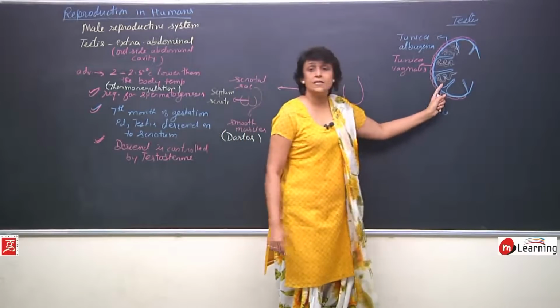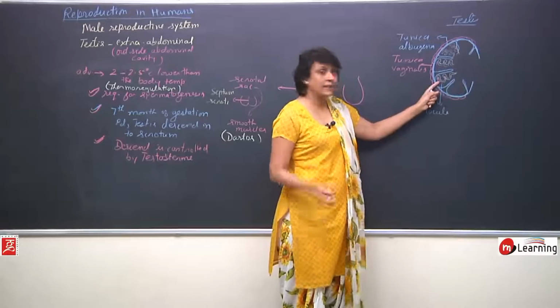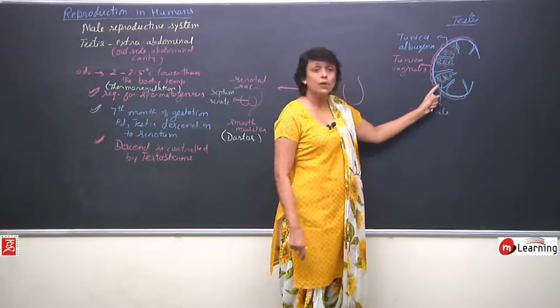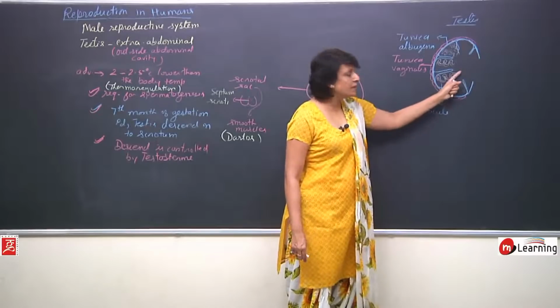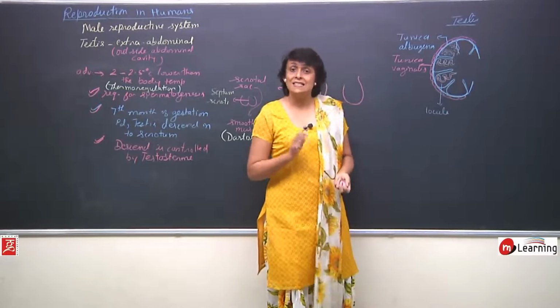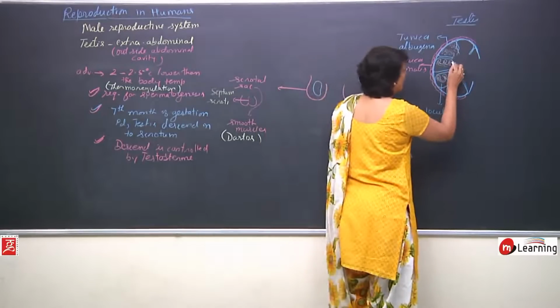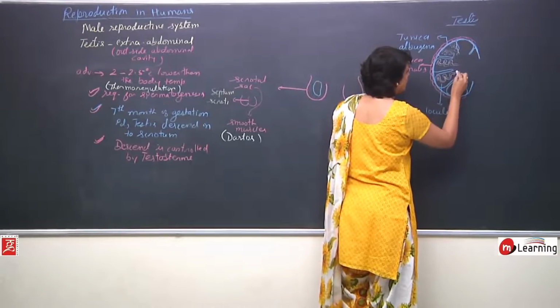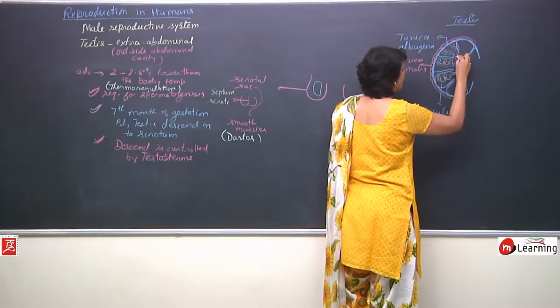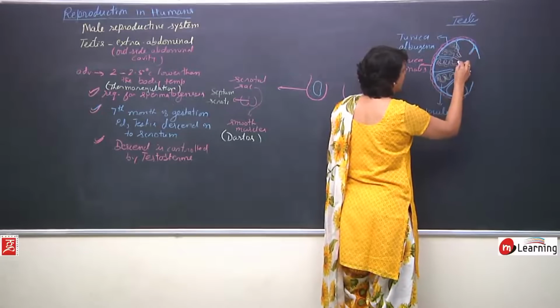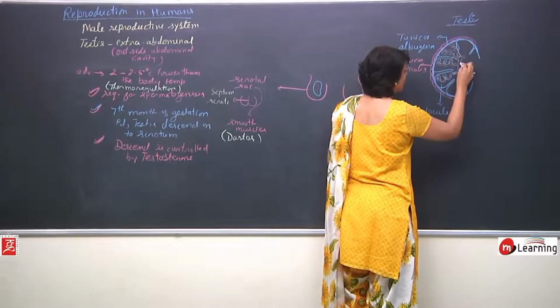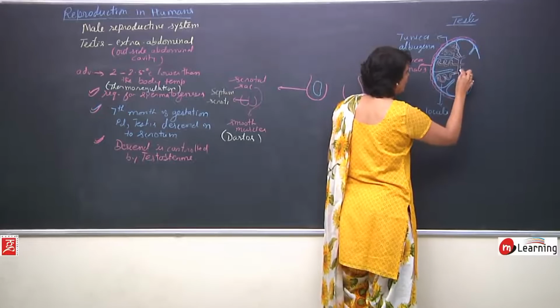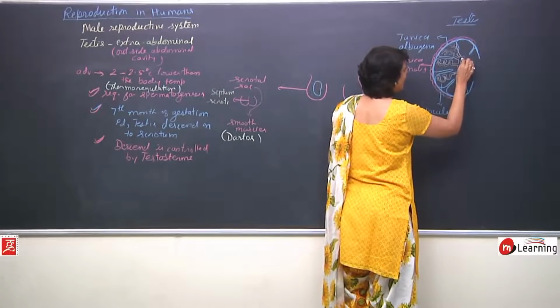Now, these seminiferous tubules in the locule region, they are coiled. When they come in the middle part, they become a little straight. So when they reach here in the middle region, they straighten up, and these branches join to form a grid-like pattern.